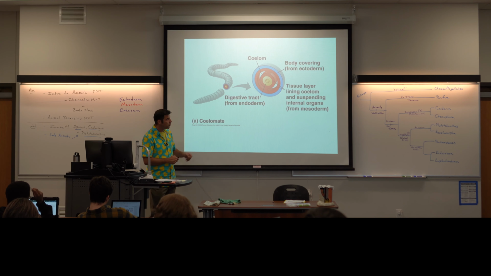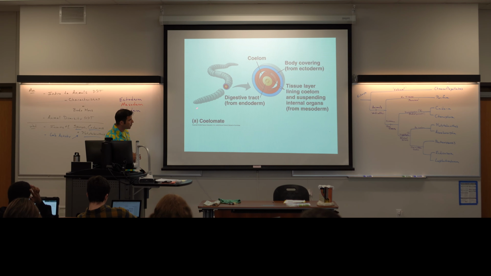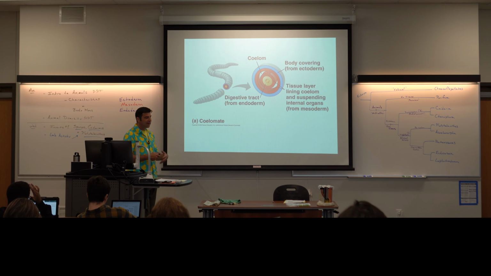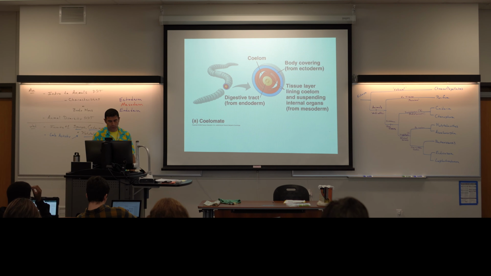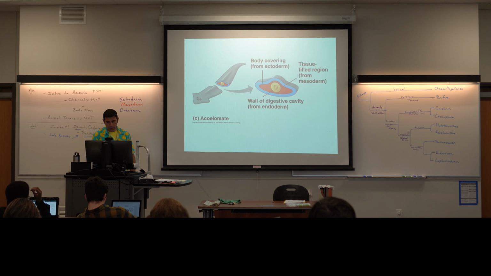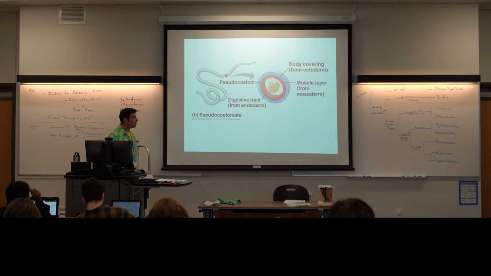This is a picture of a true coelom, where there is a body cavity in the middle of the mesoderm. We have a body cavity like this. We can see the earthworm also has a true coelom, meaning that its digestive organs and everything are within this true body cavity, within the coelom, the pocket in the middle of the mesoderm. So acoelomate: our flatworms are an example of this.